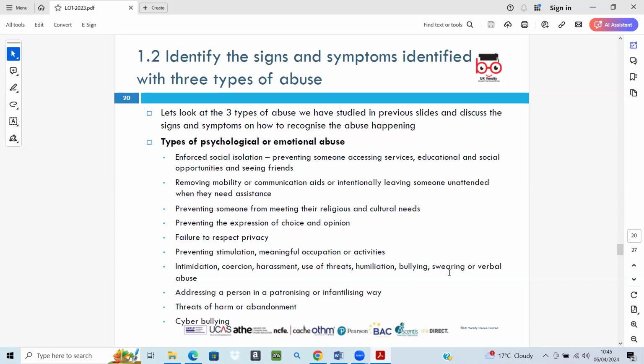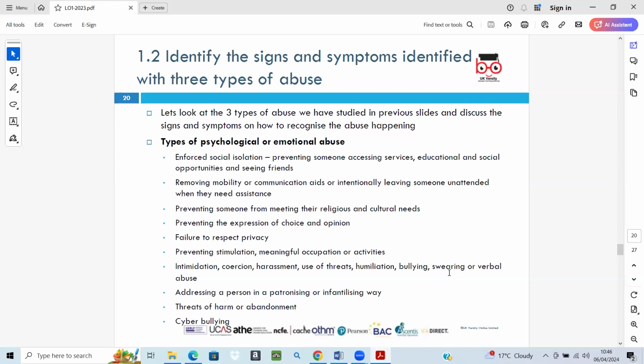So again, what would be the signs and symptoms? The person may show signs of distress, frustration, or loss of identity. Sometimes we have a service user who's unable to speak properly due to language barriers, or due to some health condition.